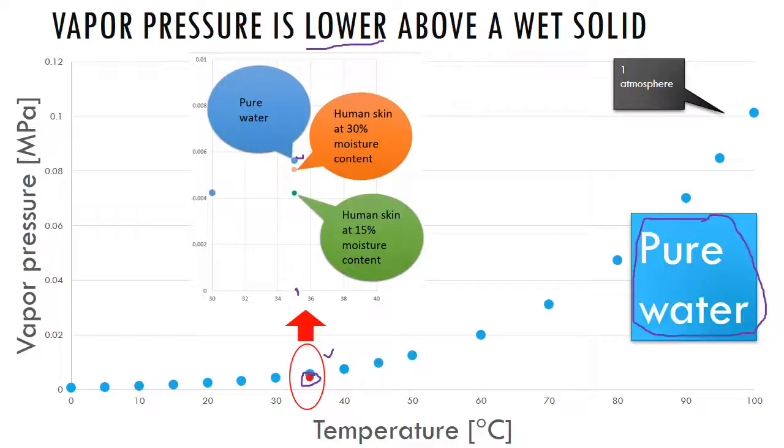So you notice as you reduce the moisture content, the vapor pressure goes down. It's because the water is held more tightly by the solid, the skin in this case, and therefore not as much of the water can escape into the vapor. So vapor pressure is lowered with moisture content, and that's the information that I showed in the previous slide.